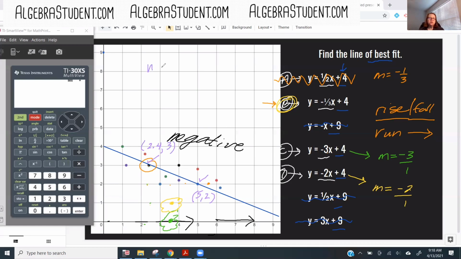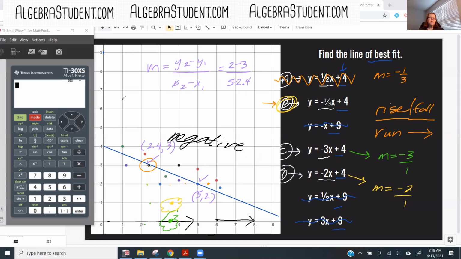I'm going to use the slope formula, which just says to subtract your y's over subtract your x's. You've probably seen that before if you're online at Best Fit. So subtract your y's: 2 minus 3 over 5 minus 2.4.